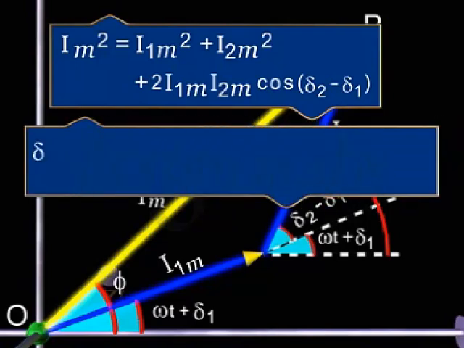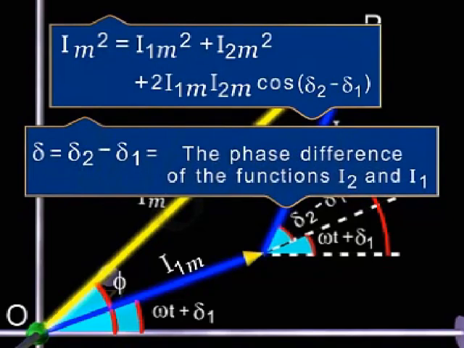Let delta be equal to delta 2 minus delta 1, the phase difference of the functions I2 and I1. Therefore, Im squared is equal to I1m squared plus I2m squared plus 2 I1m I2m cos delta.